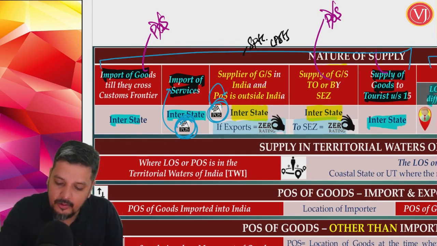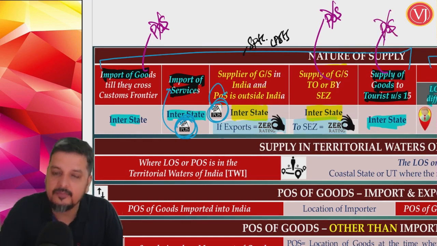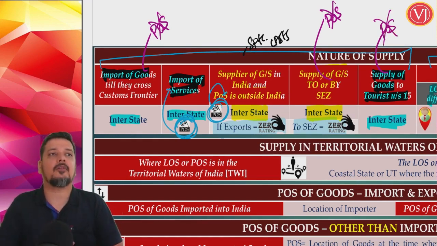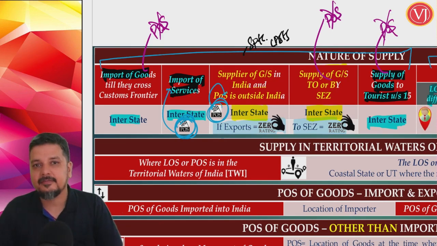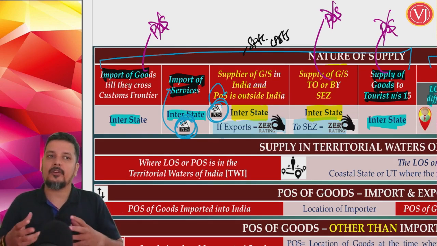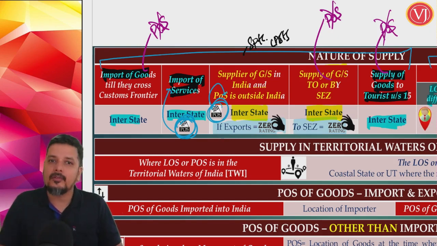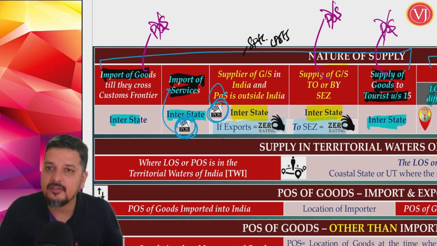Here also, you need not find out the place of supply. Supposing, what is a place in India where tourists go a lot? Any place in India where you find the maximum number of tourists? One is Goa. Now, if a tourist comes to Goa and I'm the shop owner, do I have to always charge IGST?